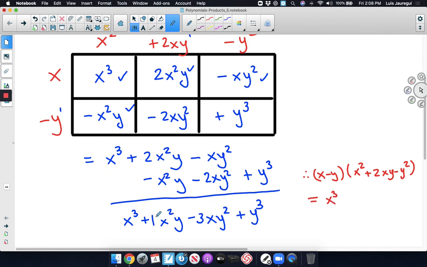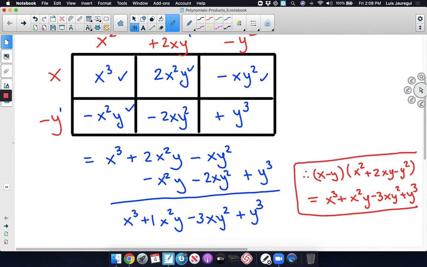I'm not going to write the 1, I'm going to just leave it implicit there, plus x squared y minus 3xy squared plus y cubed. So that's our conclusion here. That's how we can actually multiply those polynomials even when they're polynomials in two variables.